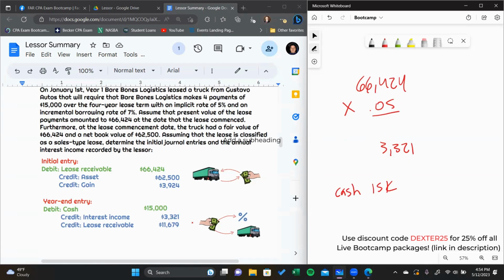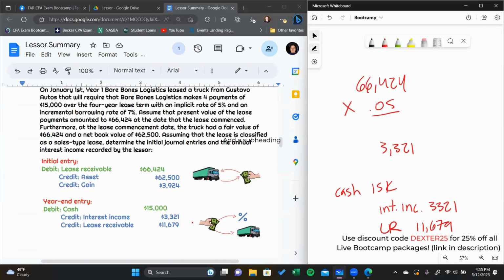And for this first payment, we're recording interest income of $3,321, which means we will then reduce our receivable for the difference. So if the first $3,321 of the payment is related to interest, then that means the remainder of the payment is pure principal. That will just reduce the receivable that we are owed.